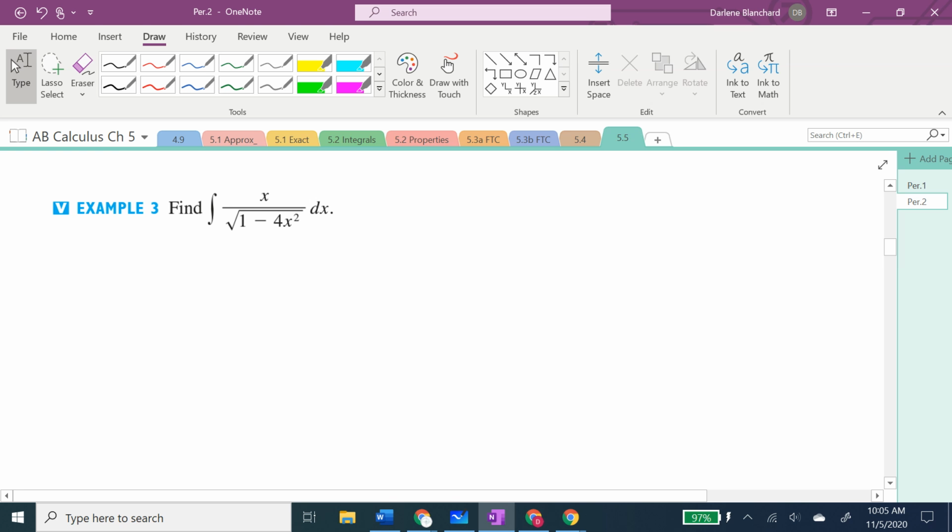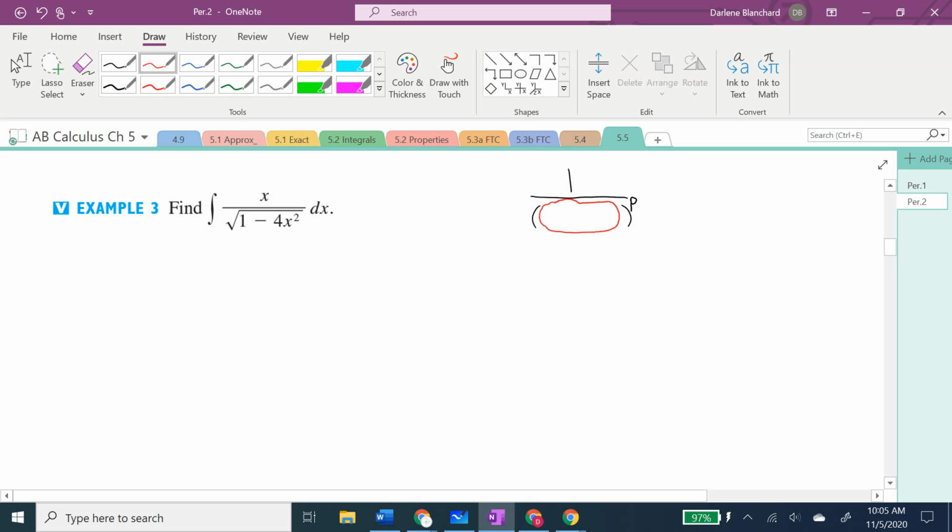I'm going to give you a tip about choosing u. Sometimes an entire denominator makes a good u. However, if you notice that your denominator has some exponent on it, which a square root is an exponent, you want to go for the u inside of that exponent in the denominator.